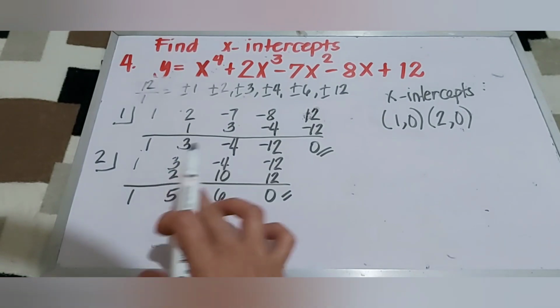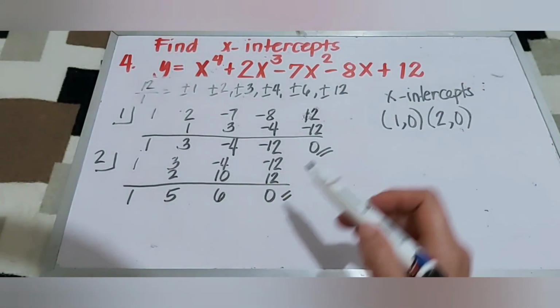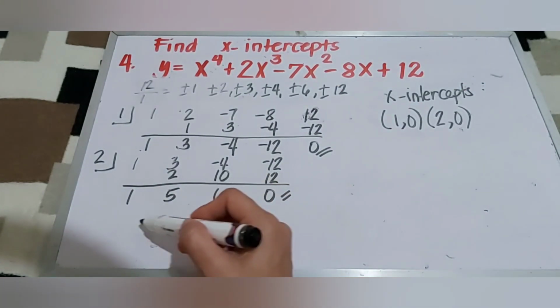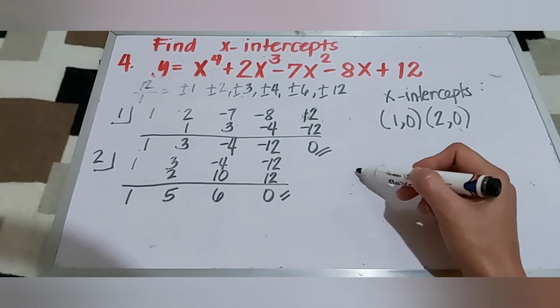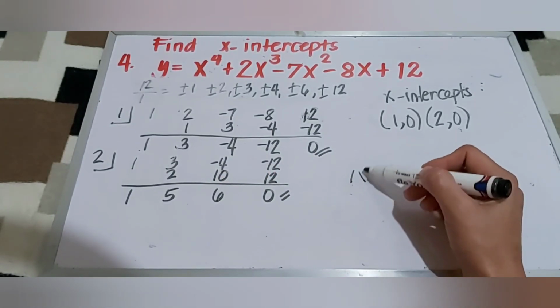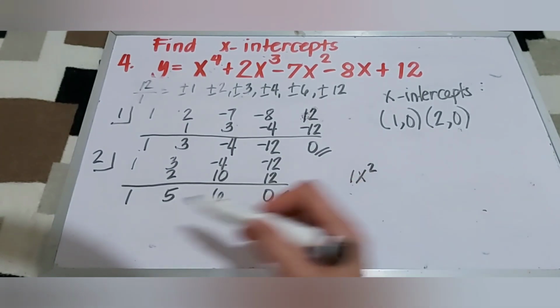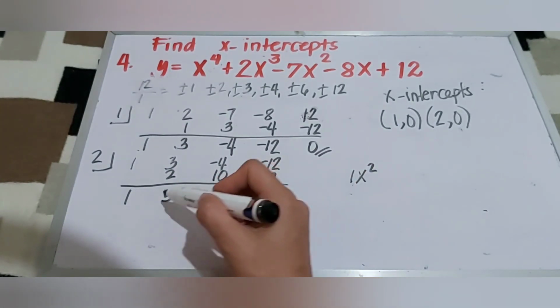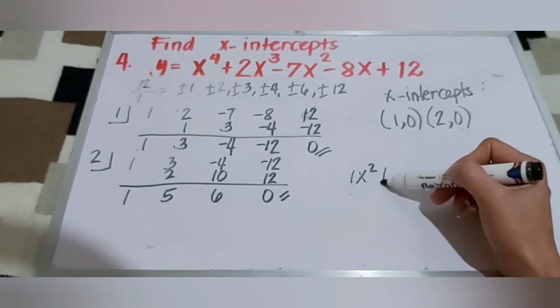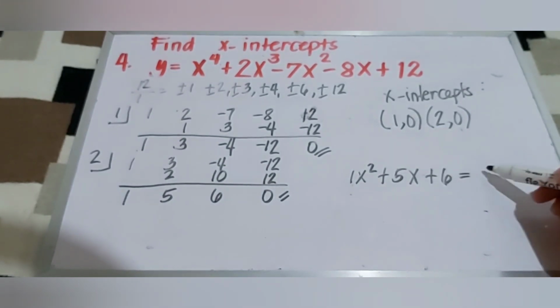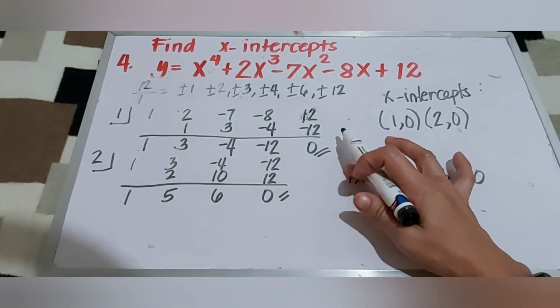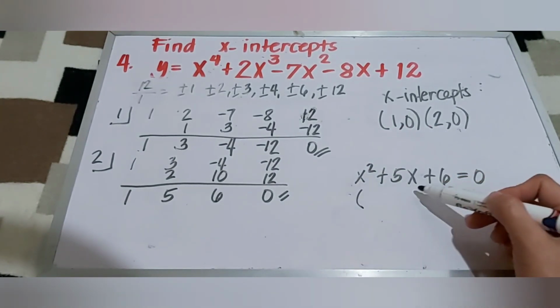Now, 1, 5, 6 are the remaining coefficients. Tatlo na lang yan, so pwede na tayong gumamit ng factoring kasi quadratic na siya. So, rewrite ko siya dito. 1x squared. Squared na lang, tatlo na lang kasi siya. Constant, linear, quadratic term. So, plus 5x plus 6 equal to 0. Pwede nang wala yung 1. So, mag-factoring tayo.